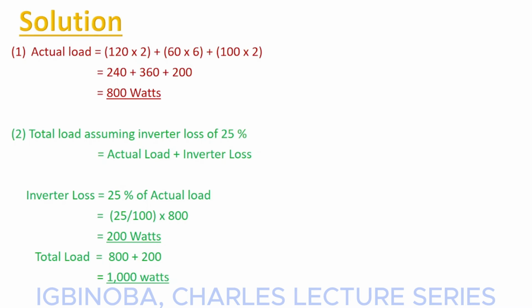The next thing we are going to calculate is the total load, assuming an inverter loss of 25%. There are two types of inverter loss: inverter loss as a result of conduction and inverter loss as a result of switching.